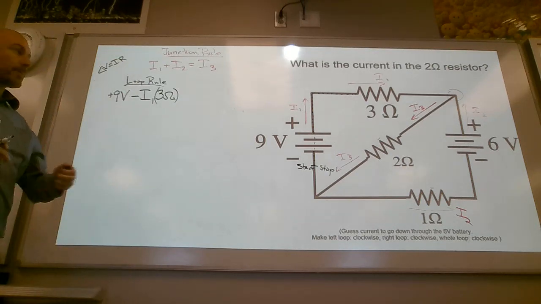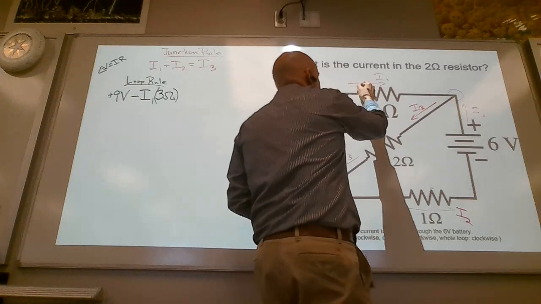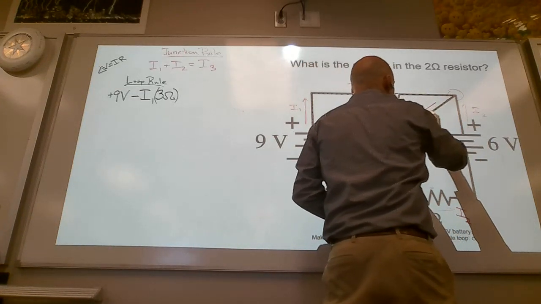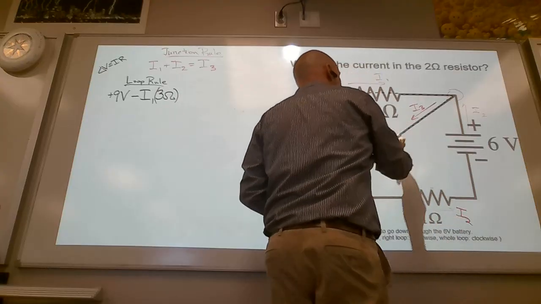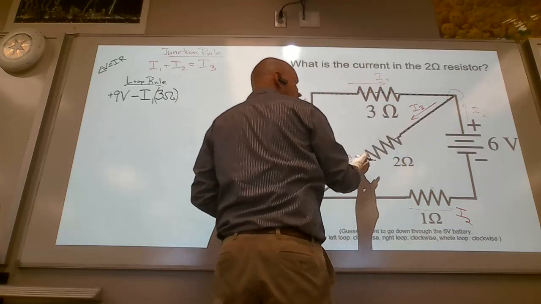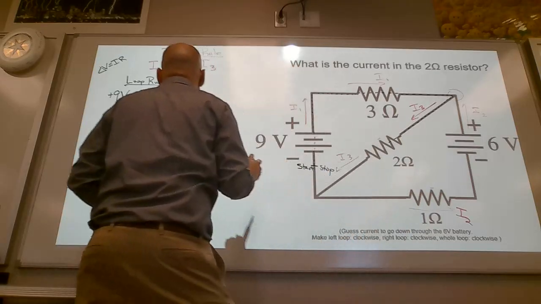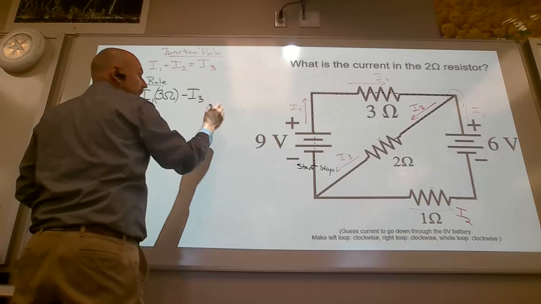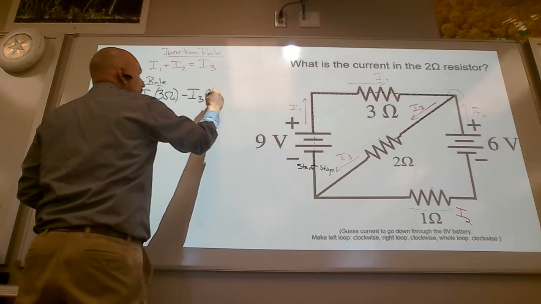Okay, voltage drop across this resistor. So I'm continuing, and I'm going across this one here. The direction of current's going this way, so I am voltage dropping across that. So I've got I3 times 2 ohms.